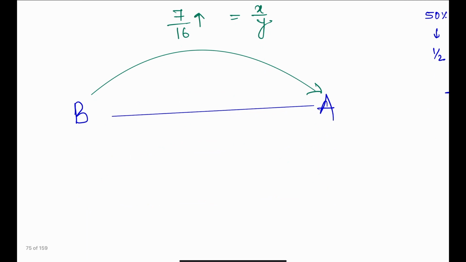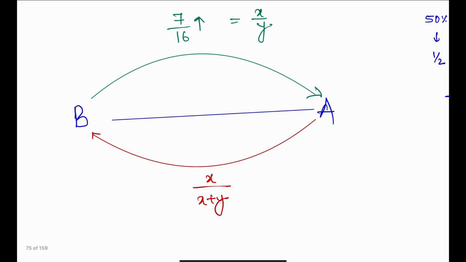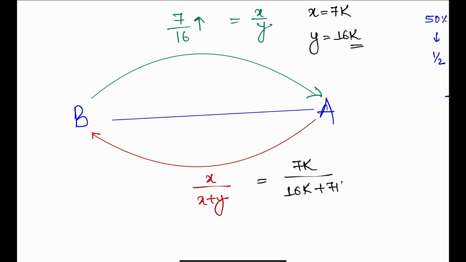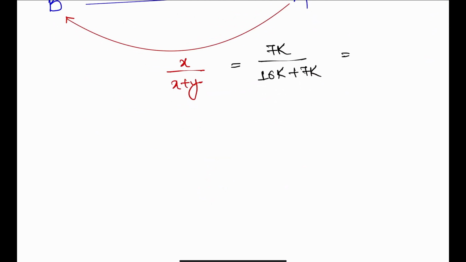So if this is the case, we know that b will be less than a with our formula in this form. So can I just say over here that x can be written as 7k and y can be written as 16k, right? So we will just put the same values over here, 7k divided by 16k plus 7k. So eventually it will be 7 by 23.